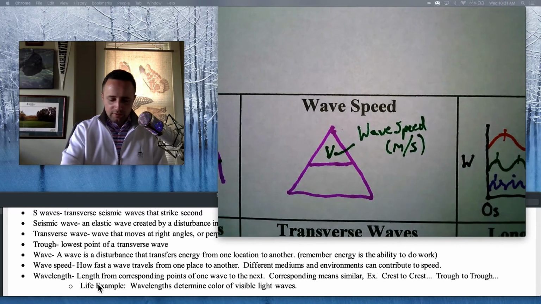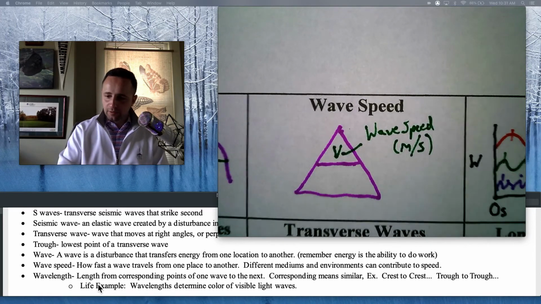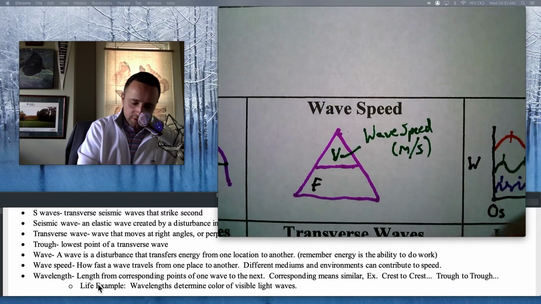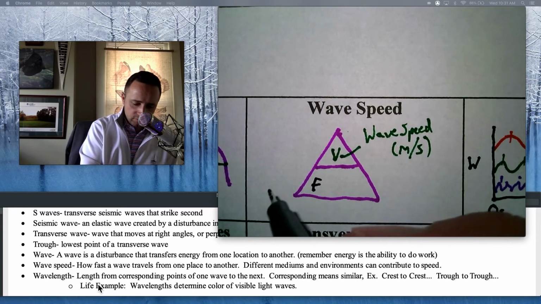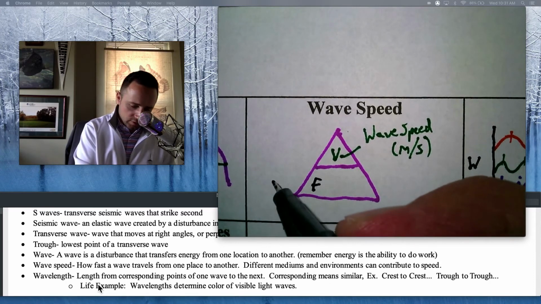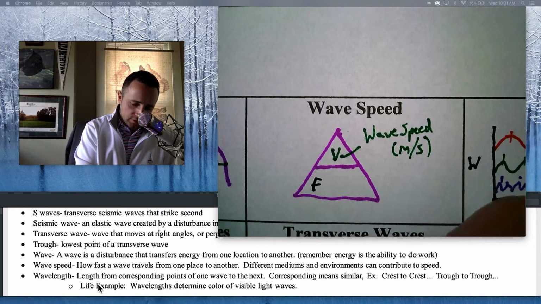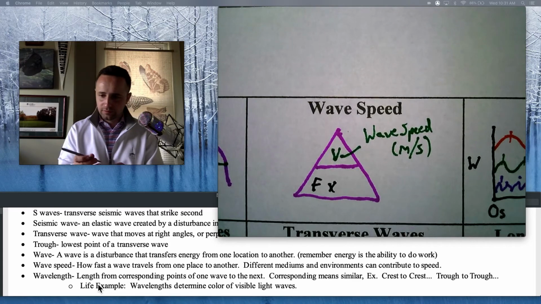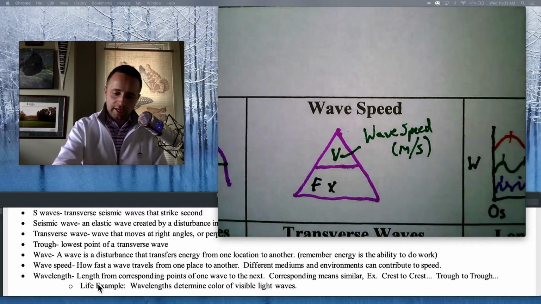So wave speed equals frequency, which is measured in hertz, times the actual wavelength.